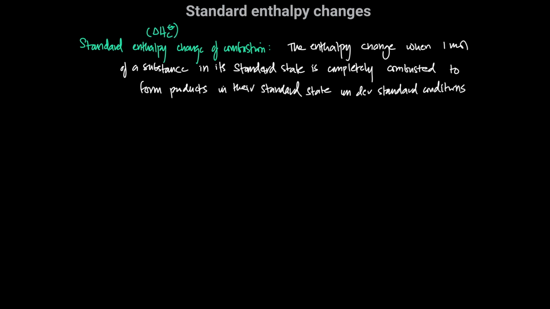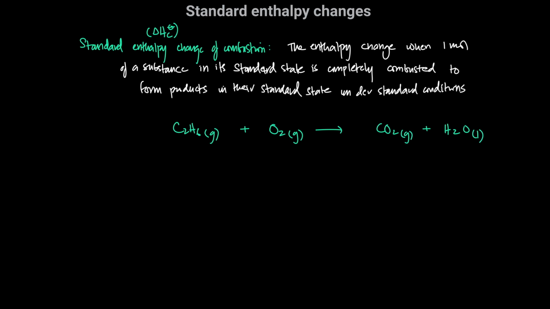So for example, if we were talking about the standard enthalpy change of combustion of ethane, we would have ethane in its standard state, which is gas. Ethane would react with oxygen to form carbon dioxide and water. Now here all the reactants and products have to be in their standard states, so oxygen is a gas, carbon dioxide is a gas, and H2O is a liquid.